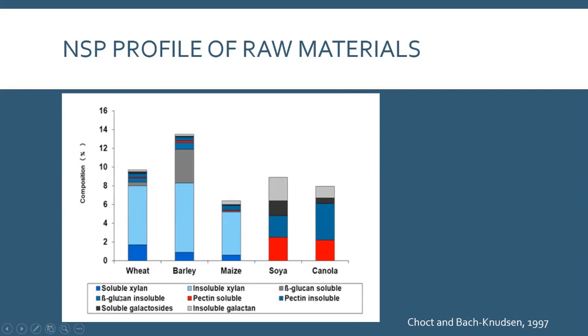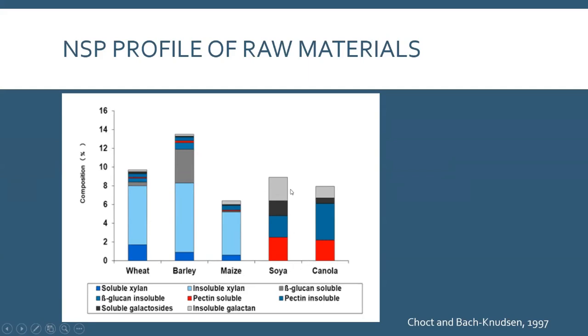For wheat, barley, and corn, they have high levels of insoluble xylans as well as soluble xylans, and in the case of barley, it has a high level of beta-glucans. We have seen in the previous figure that wheat as well as barley have high levels of soluble NSPs as compared with corn. And then these soluble NSPs would cause gut viscosity and eventually would cause bacterial enteritis.